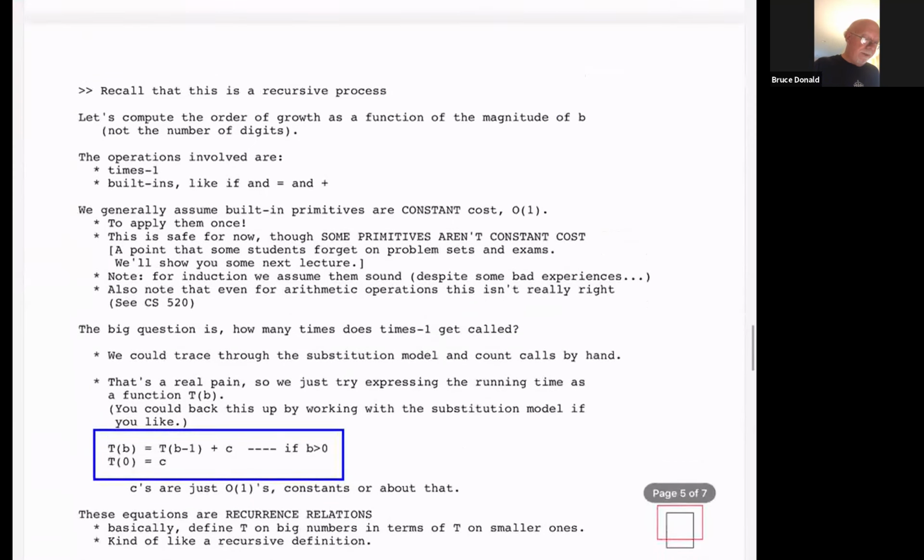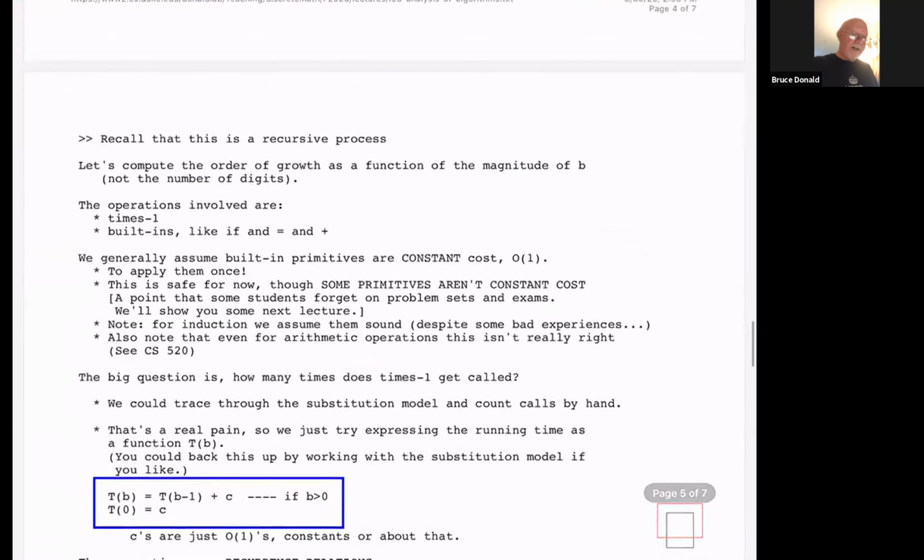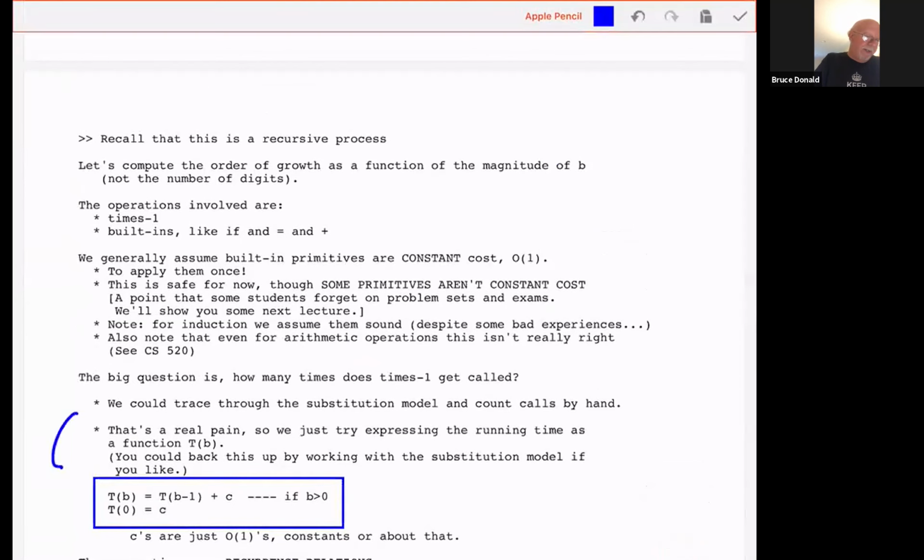I want to try expressing the running time as a function T of b, and expressing it recursively in terms of other calls. The same way that the value of times 1 can be expressed in terms of the value of times 1 on lower values of b, the time complexity of times 1 can be expressed as something plus the time complexity on smaller values of b.